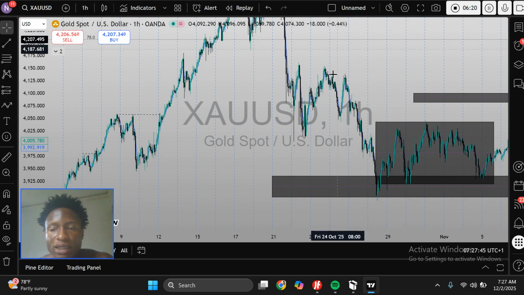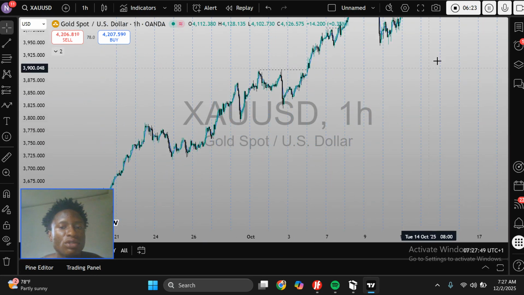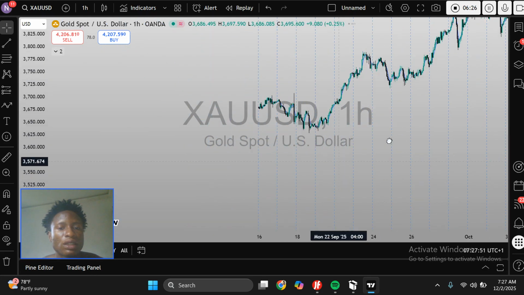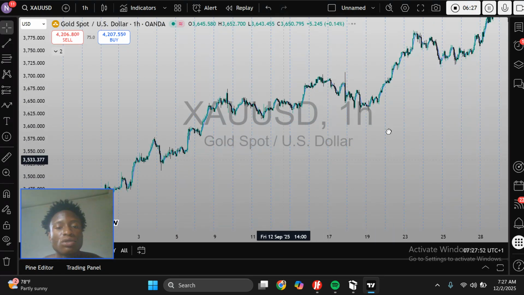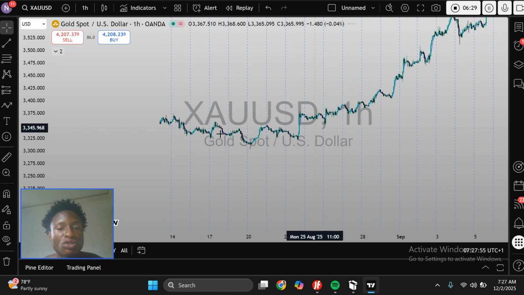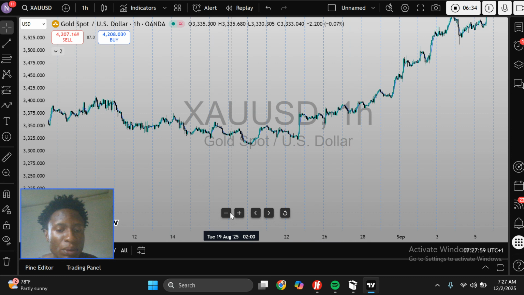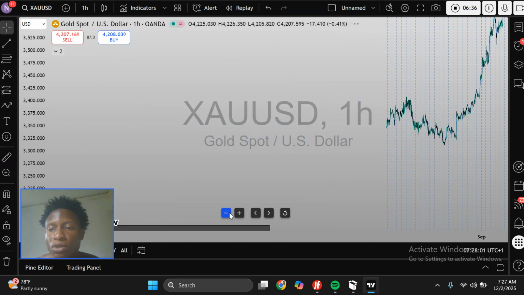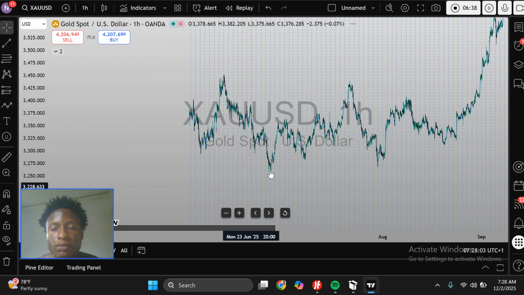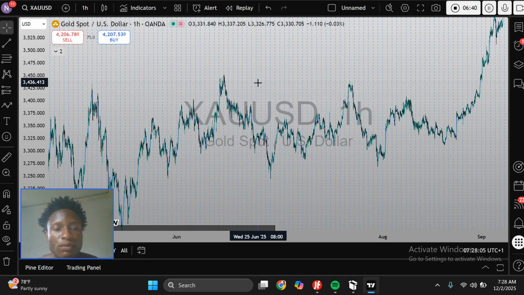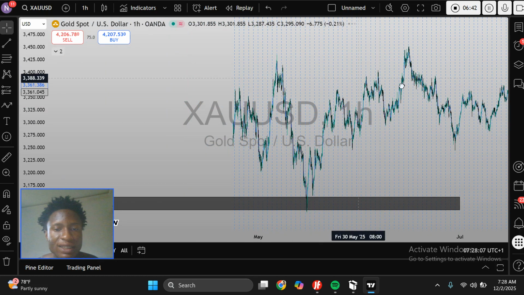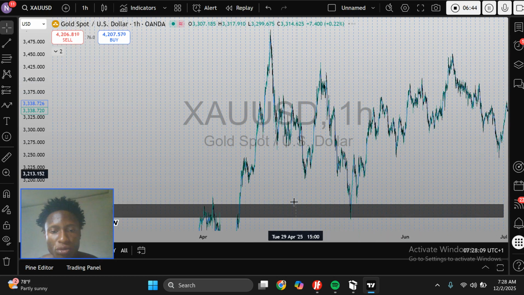This here is a bearish trend, but I want a cleaner bearish trend. Gold buys a lot, so it's hard to see a bearish trend though.